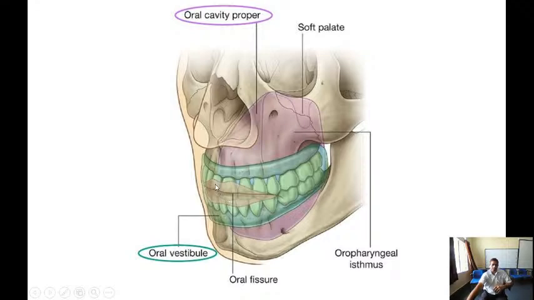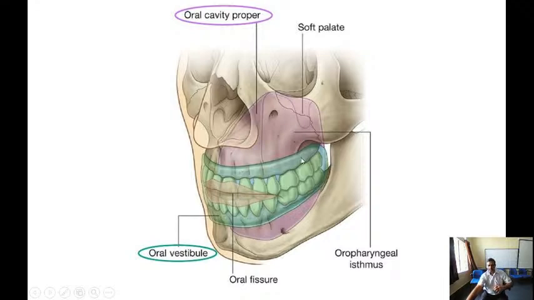Now this vestibule can be opened anteriorly by opening the lips or opening the mandible wide open. So anteriorly, through the oral fissure, the vestibule can be seen when you open the mouth, and posteriorly the vestibule is in connection with the oral cavity from a small region called the retromolar trigone, the retromolar area.